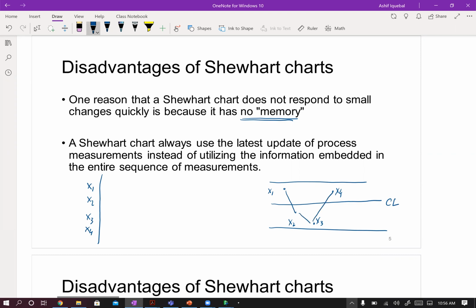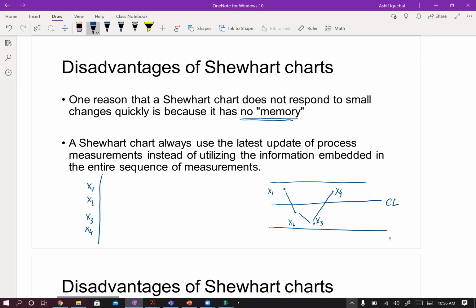When we plot x4, we don't care what the value of x3 was. Again, when we plot x3, we don't care what the value of x2 was. And similarly, when we plotted x2, we didn't care what the value of x1 was. We just plotted these values as we obtained them. That's called having no memory.